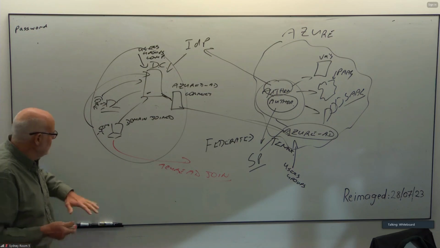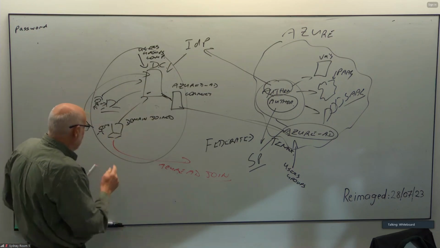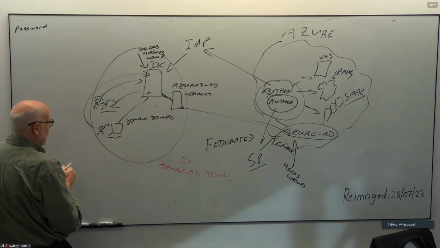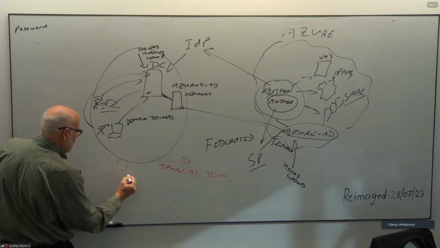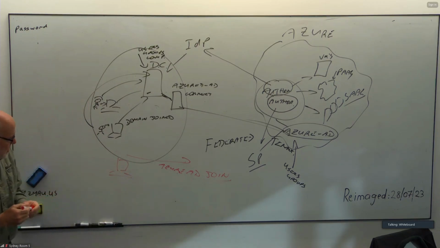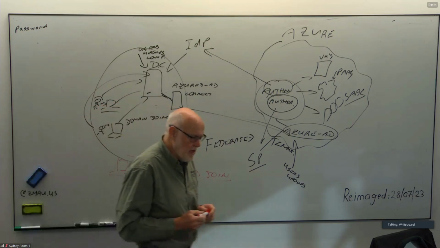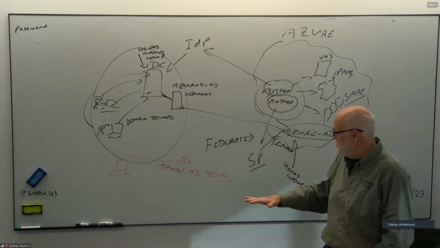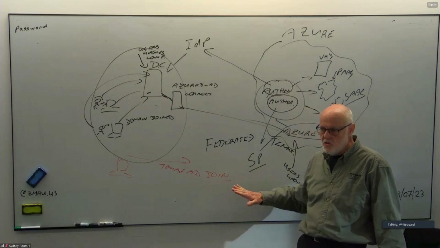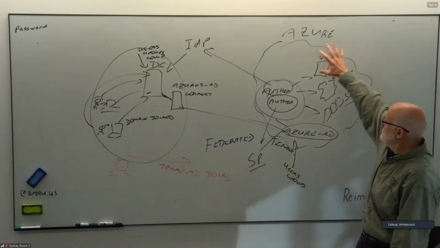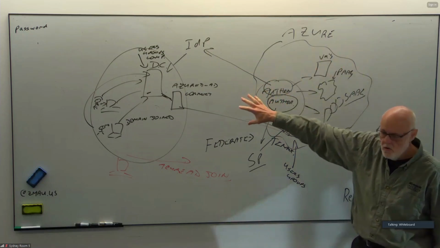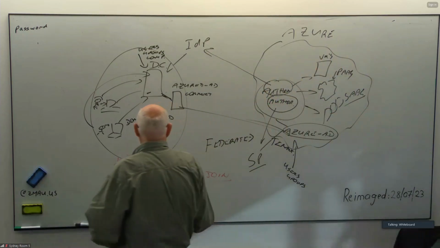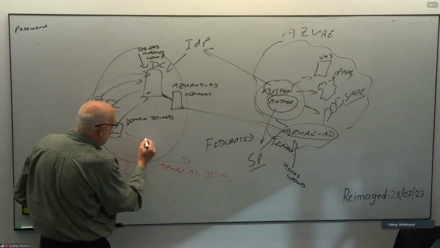So if you've got a normal computer, not domain joined, let's do that slightly differently. Just have another computer here that's not part of our domain. So we can go and Azure AD join a computer that the organization owns. Generally with an Azure AD join, it's for an organization owned asset because the organization is doing stuff here in the cloud.